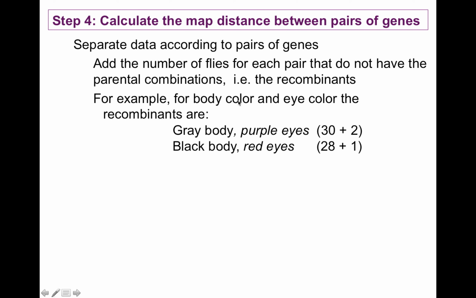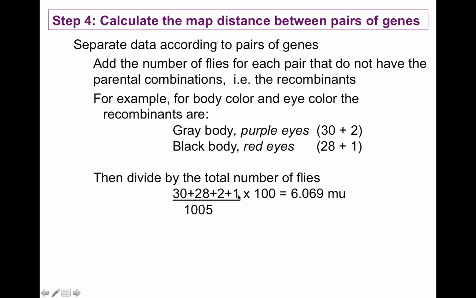For example, for body color and eye color, the recombinants are the gray body, which is the wild type, plus purple eye, which was the mutant, so that was a recombination. There were 30 flies and then 2 other flies. And then for black body with red eyes, we had 28 plus 1. So we add all those numbers up together.